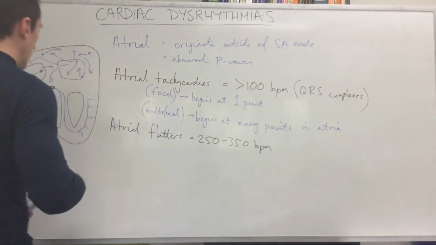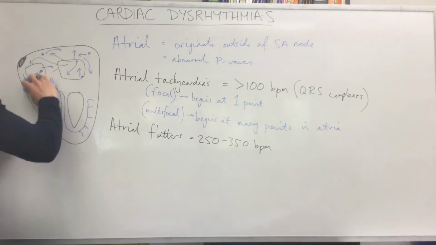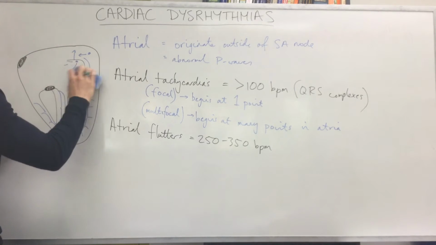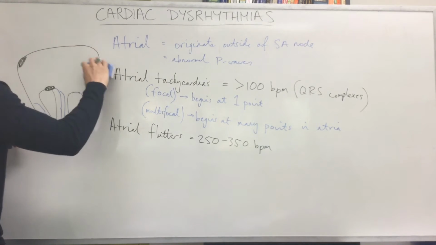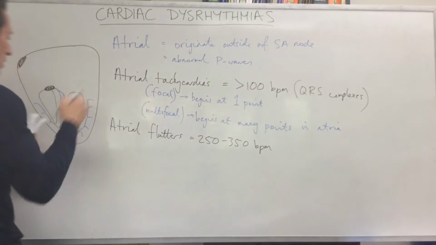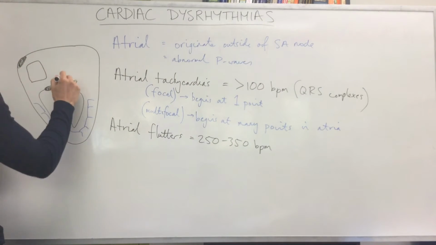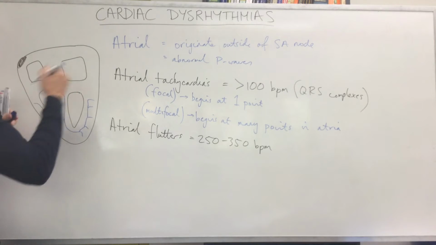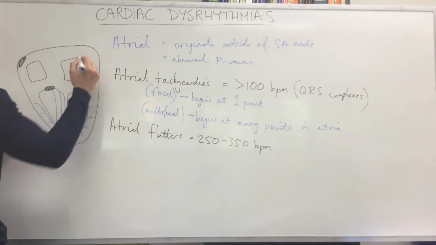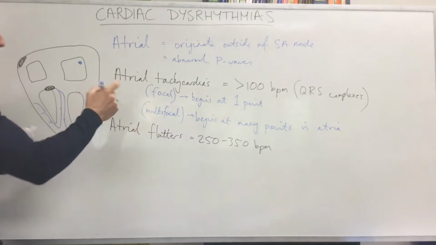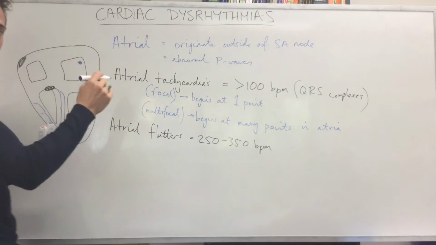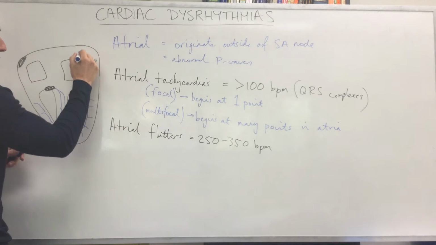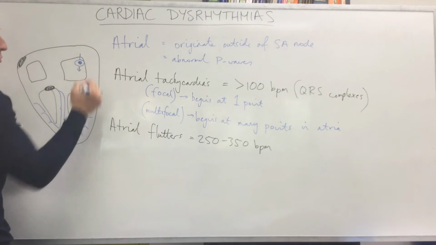And what you find is that this is usually due to what we call, and I spoke about at the beginning of this lecture, reentry mechanisms. So that means that you have your chambers. If it were to start a depolarization event here, remember I said if there's an area in which does not conduct an electrical impulse, they usually meet on the other end and they cancel each other out and then they keep propagating.